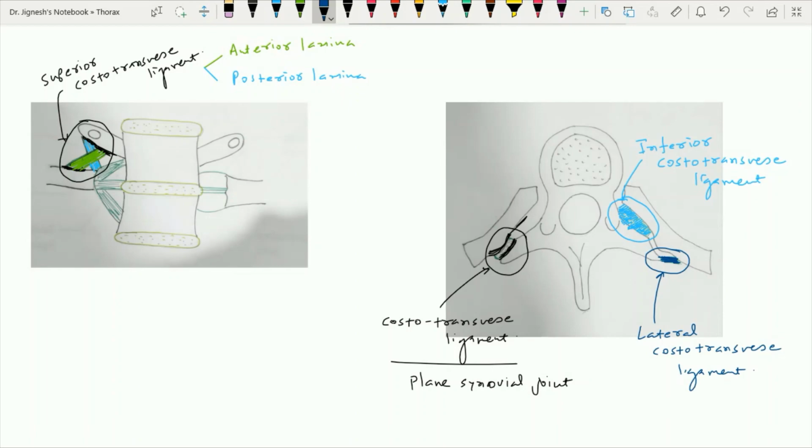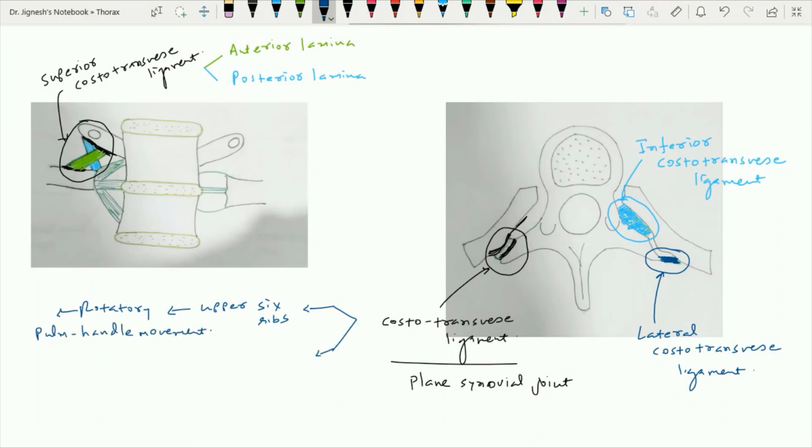The articular facets of the rib for the costotransverse joint on the upper six ribs are convex, and this convex articular facet permits the rotatory movement, which leads to an increase in the anteroposterior diameter, and this is called the pump handle movement.